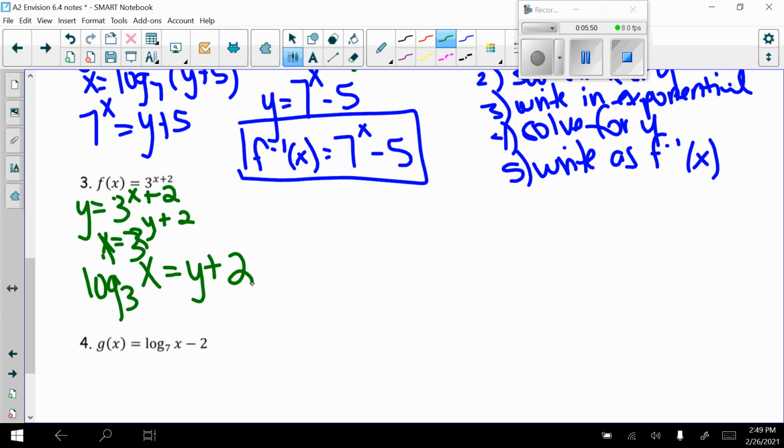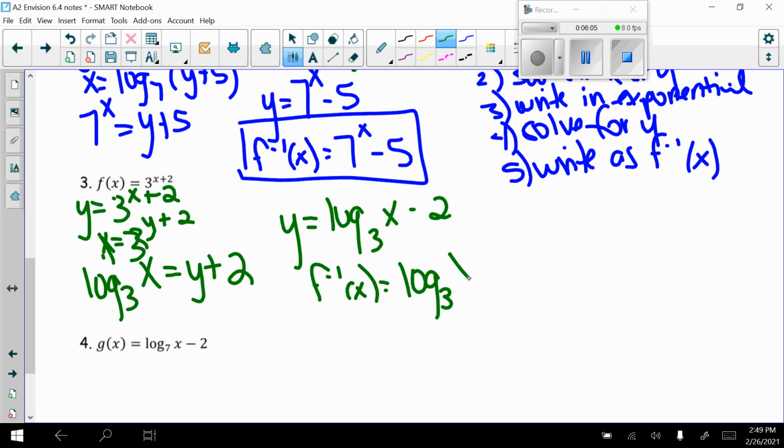So now I want to solve this, get y by itself. All I have to do is subtract 2 from both sides. So I get y equals log base 3 of x, all of that minus 2. Put my inverse. So log base 3 of x minus 2. So if I don't have a 10, then I just rewrite the exponential as a logarithm, right? Instead of putting the log on both sides and expecting my log base 10 to cancel.